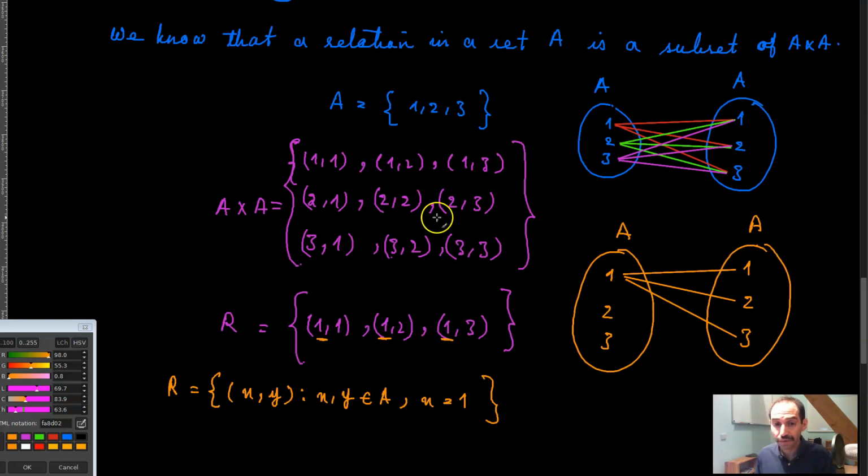So a relation in a set A is a subset of the Cartesian product of A and A, right? And we have already talked about this extensively in relations and functions. We know what this is.